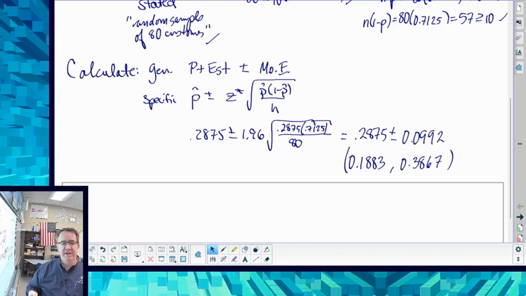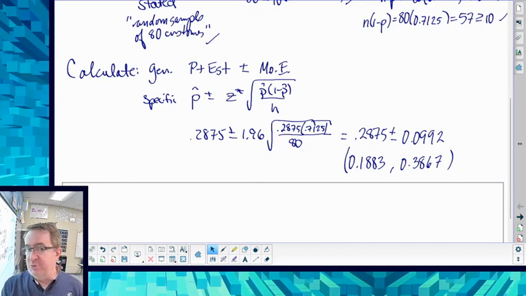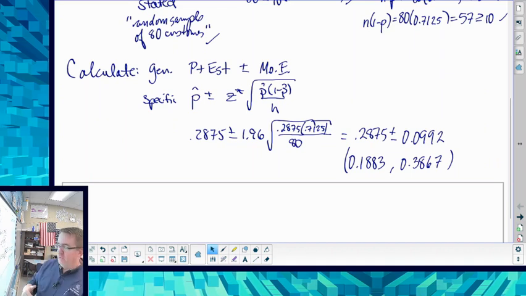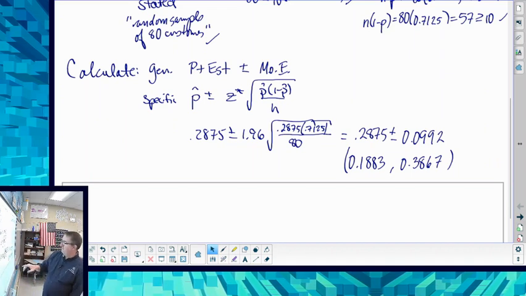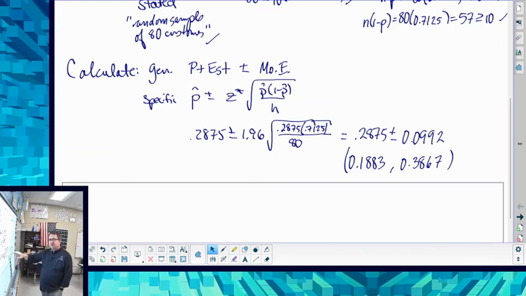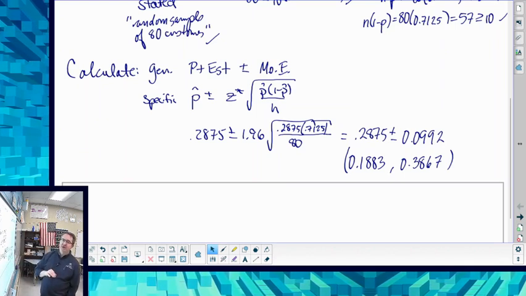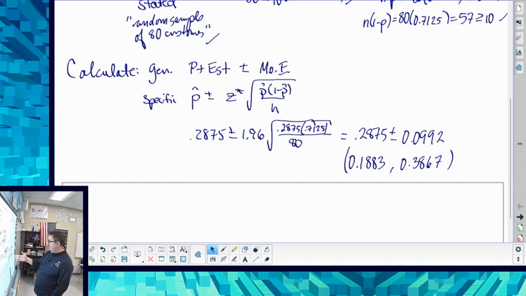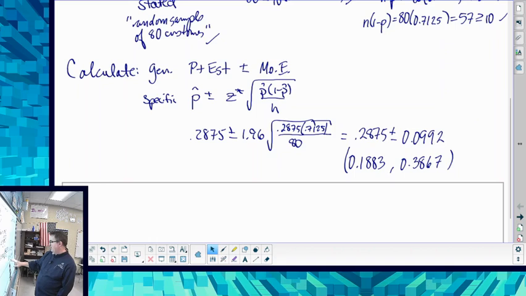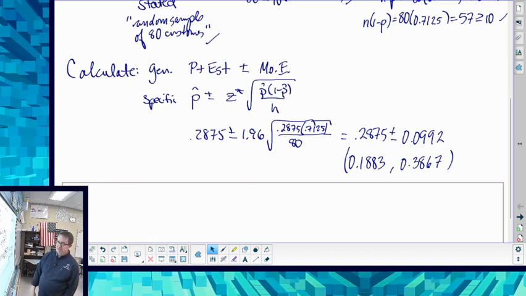I always get asked, why is it z star, not z? You're the one choosing it. We're not figuring it out from the table. We're imposing it, so we're using 1.96. And then we've got p hat times 1 minus p hat, all divided by 80. That comes out to 0.2875 plus or minus approximately 10%, 0.0992. Then we add and subtract that from the 28.75% and get 0.1883 and 0.3867.